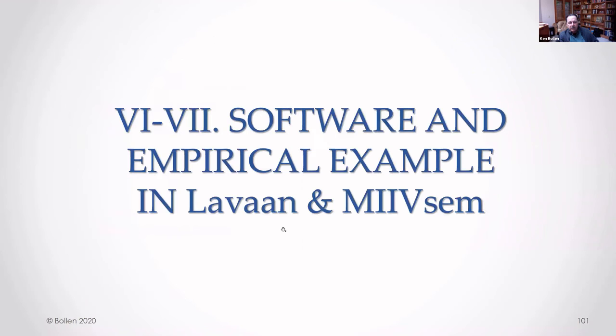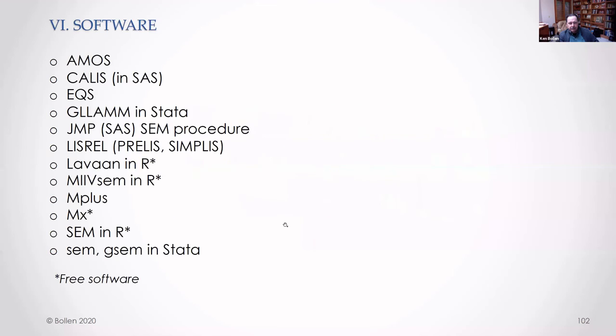Now, software. Let's talk about that. This is just a sample of the packages that are available. There's a ton of them. Probably today, I would say the most popular are Mplus and lavaan. Both are excellent packages. LISREL is still quite popular.